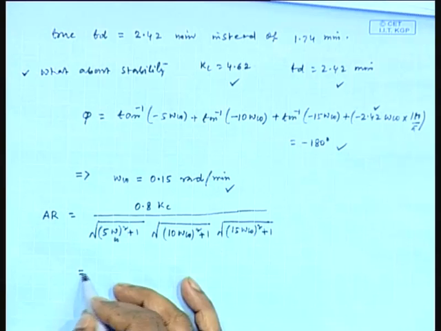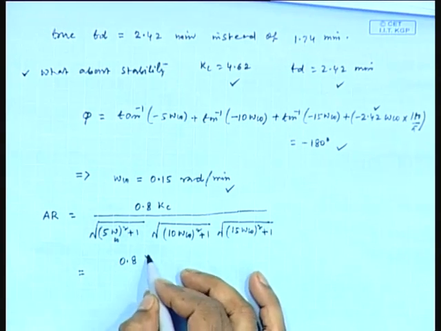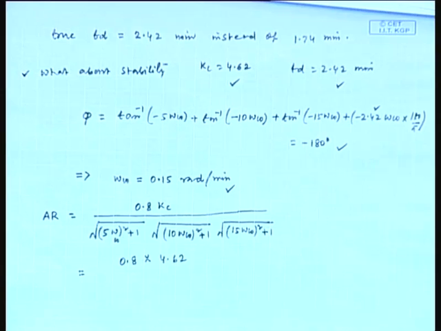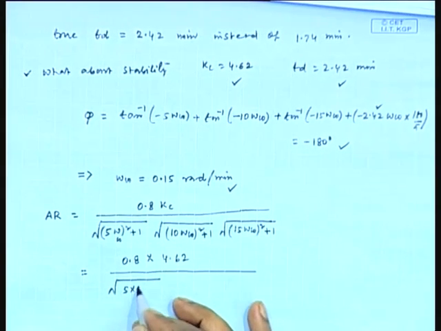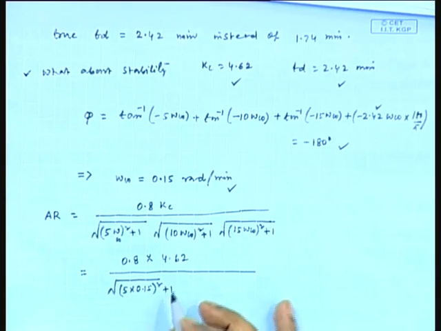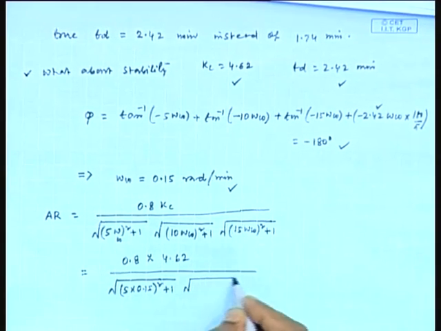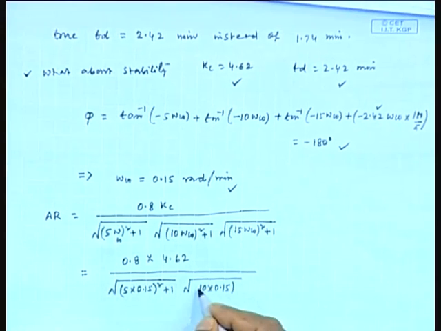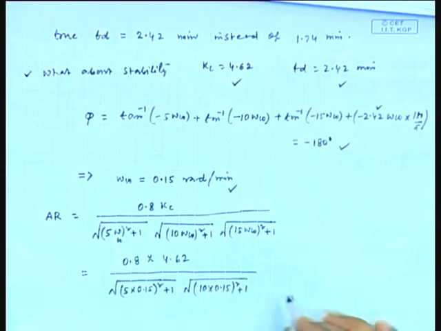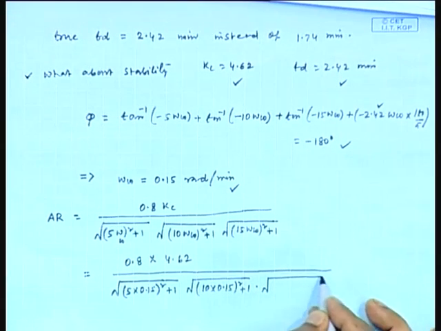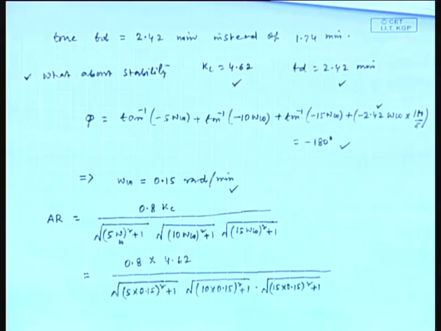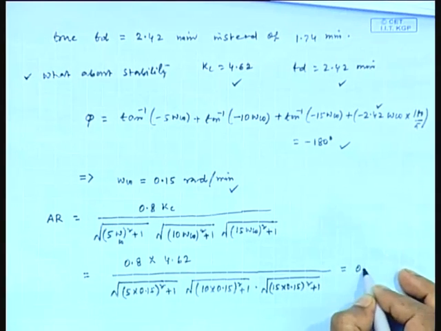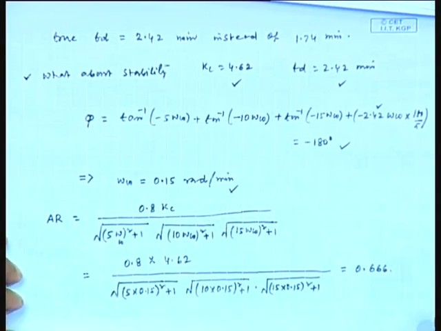Fine. 0.8 Kc we determined as 4.62 and we are still using that 4.62 value, divided by root over of 5 multiplied by 0.15 square plus 1, root over of 10 multiplied by 0.15 whole square plus 1, next root over of 15 times 0.15 whole square plus 1, and we obtain this is equal to 0.666.